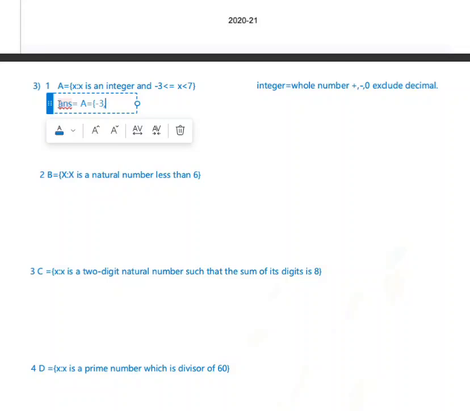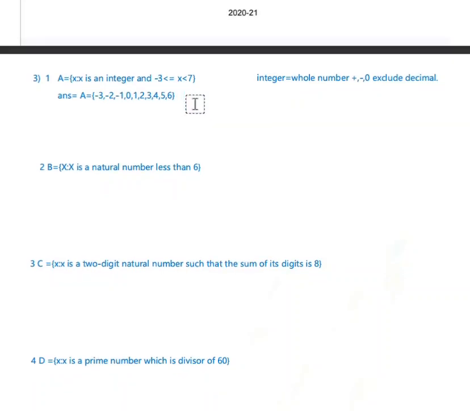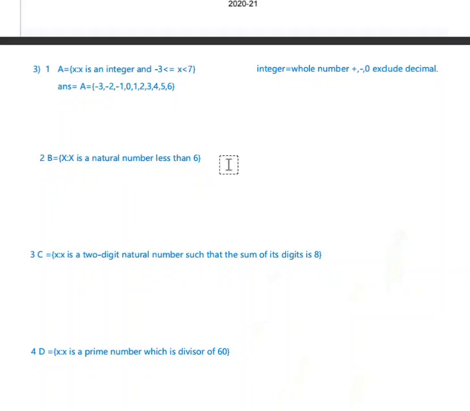Given the question, these are the integers: -3, -2, -1, 0, 1, 2, 3, 4, 5, 6. Exclude 7. There is no equal to sign at 7, so we have to exclude 7. So this is the roster form of the first question.